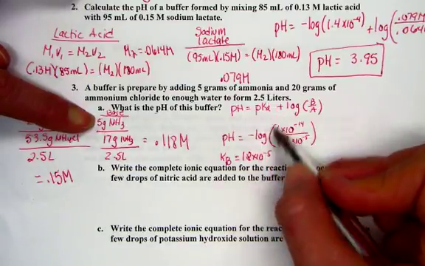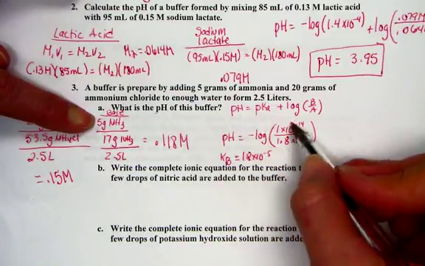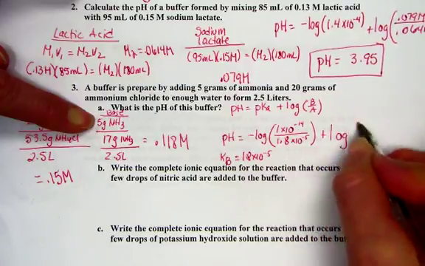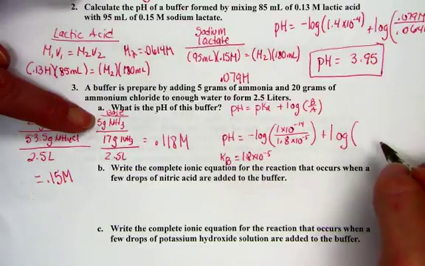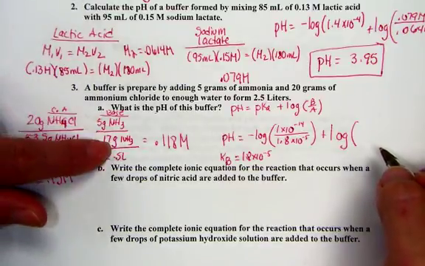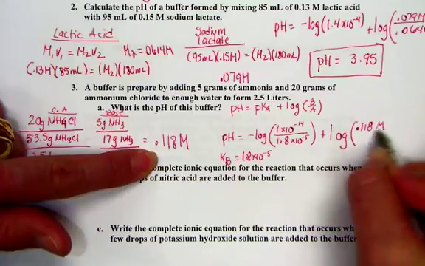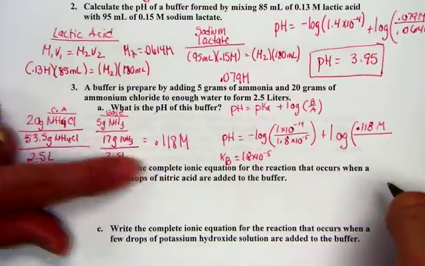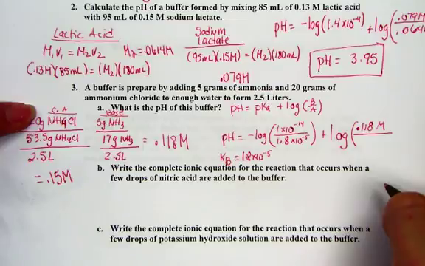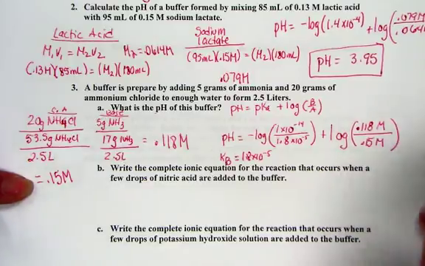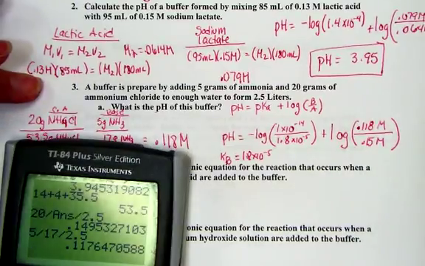So pKa of the system is negative log Kw over Kb, plus the log of the ratio of base over acid. The base here is ammonia. Its concentration was determined to be 0.118 molar, set over its conjugate acid that came from the ammonium chloride solution, 0.15 molar. So here we go, clear screen.